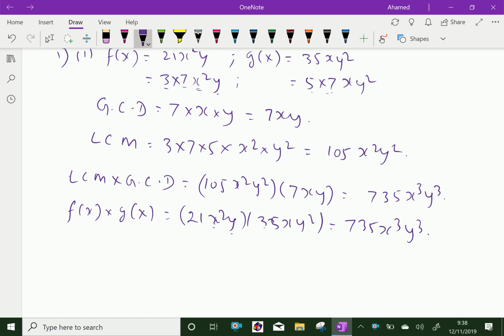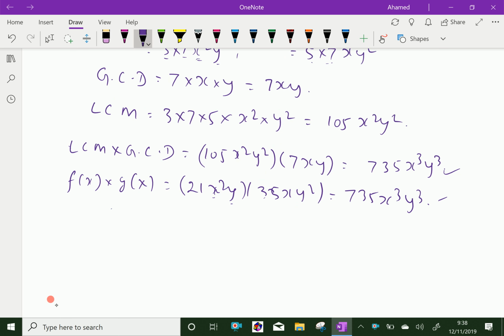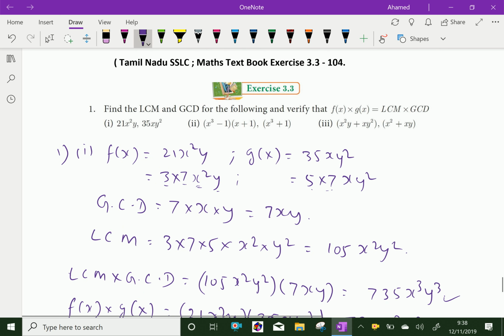Therefore both have the same answer. Therefore we verified that LCM into GCD of two polynomials is equal to the product of the polynomials f of x into g of x. Then let us do the second question.